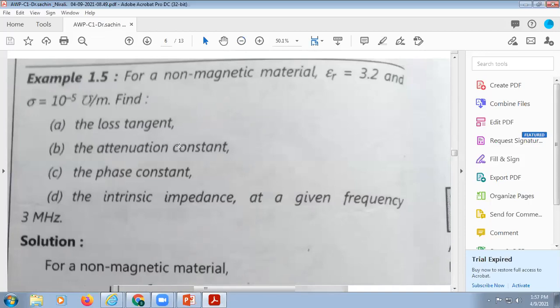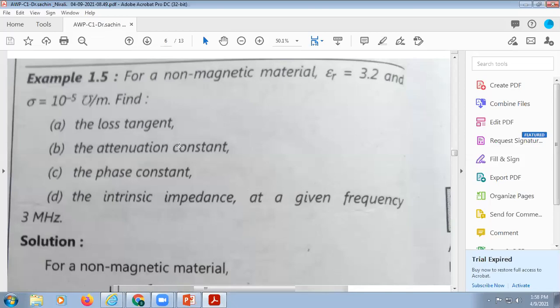So what is numerical number 5? For the non-magnetic material, epsilon r is equal to 3.2, and the conductivity, sigma, is equal to 10 raised to power minus 5 mho per meter. What are the parameters you need to calculate? Loss tangent, attenuation constant, phase constant, and the last parameter is the intrinsic impedance, at a particular frequency, that is nothing but 10 megahertz.